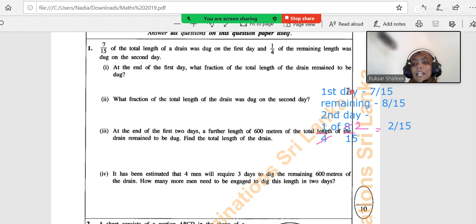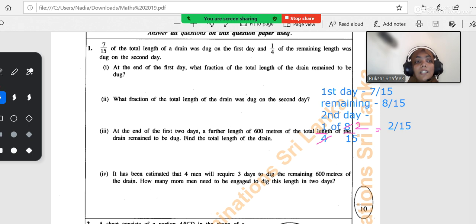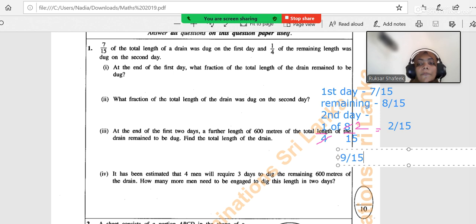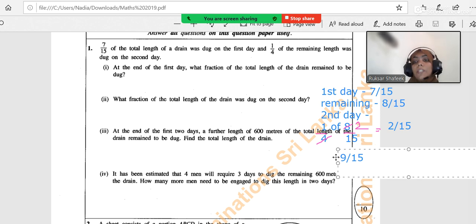So if I add 7 over 15 and 2 over 15, same denominator, just add the numerators, we get 9 over 15. Now is that 9 over 15 equivalent to 600? No. What is equivalent to 600 that they are telling us? The amount remaining after the first day and the second day work was done. So that is 6 over 15, that is equal to 600 meters.